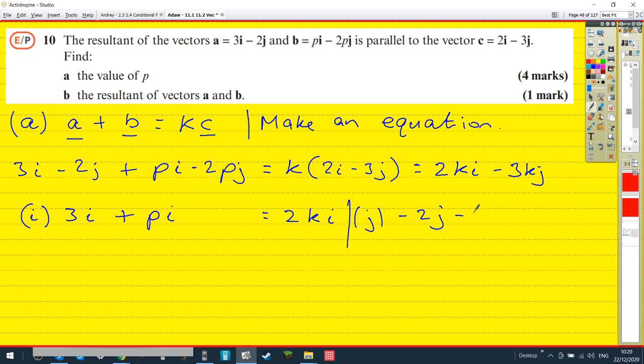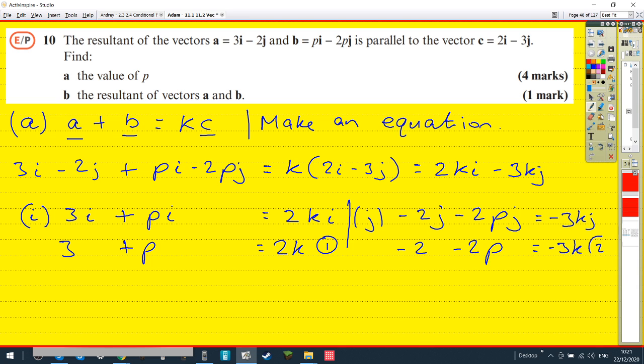If you divide everything by i, you get 3 plus P equals 2K. Then divide everything by j: minus 2 minus 2P equals minus 3K. So there you've got two equations, two unknowns.